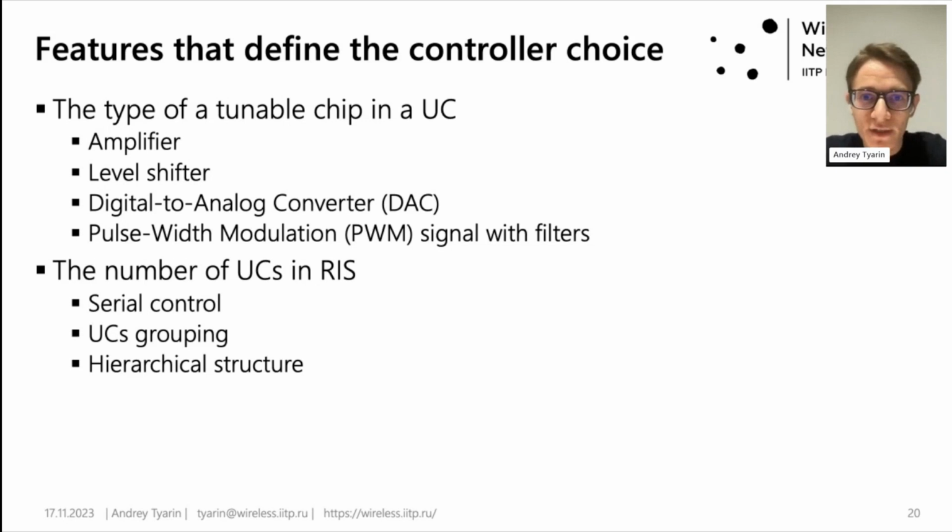The amplifier allows you to use the entire range of capacitance for the varactor. The level shifter is used to control a high analog signal with a digital signal. Therefore, the required analog voltage on the varactor can be set via a digital signal. This is especially useful for varactor-based RIS with functions such as beamforming and beam steering.